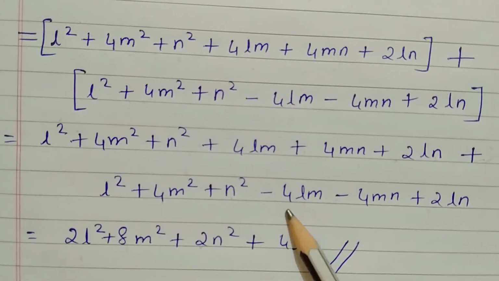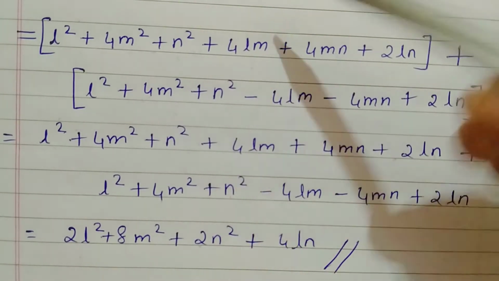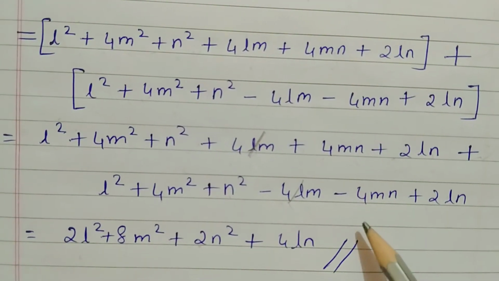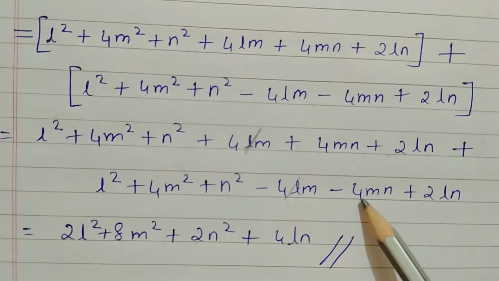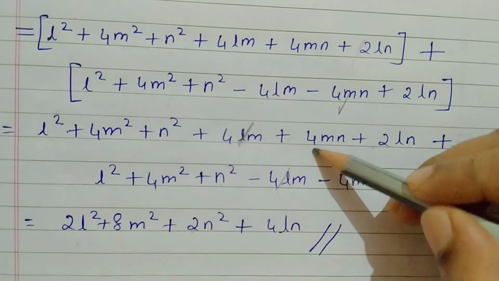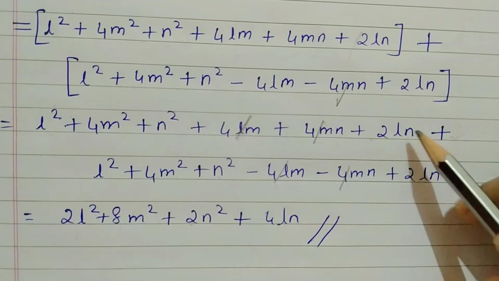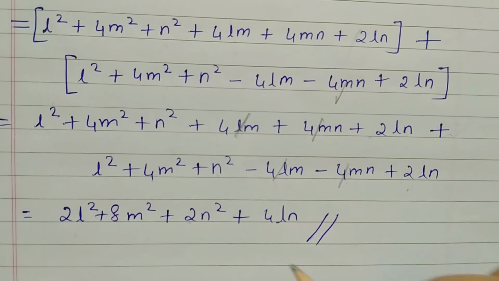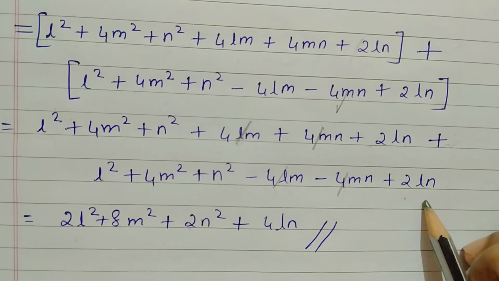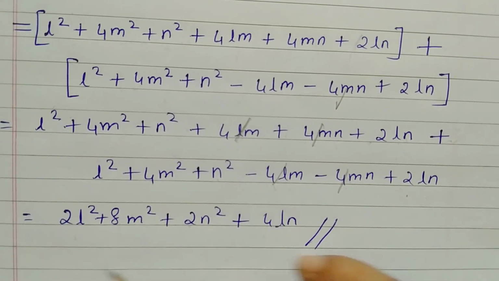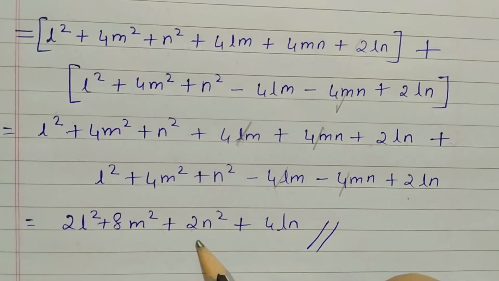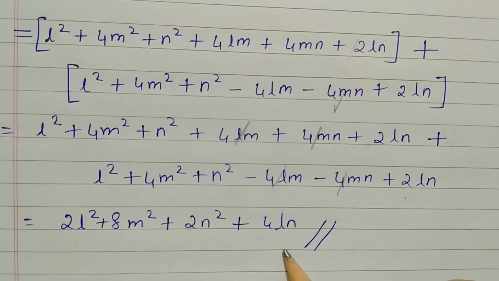Plus into minus is minus, so here it is cancelled. Plus 4mn minus 4mn, again plus minus is minus, this is cancelled. 2ln plus 2ln is 4ln. So this is your answer: 2L square plus 8m square plus 2n square plus 4ln.